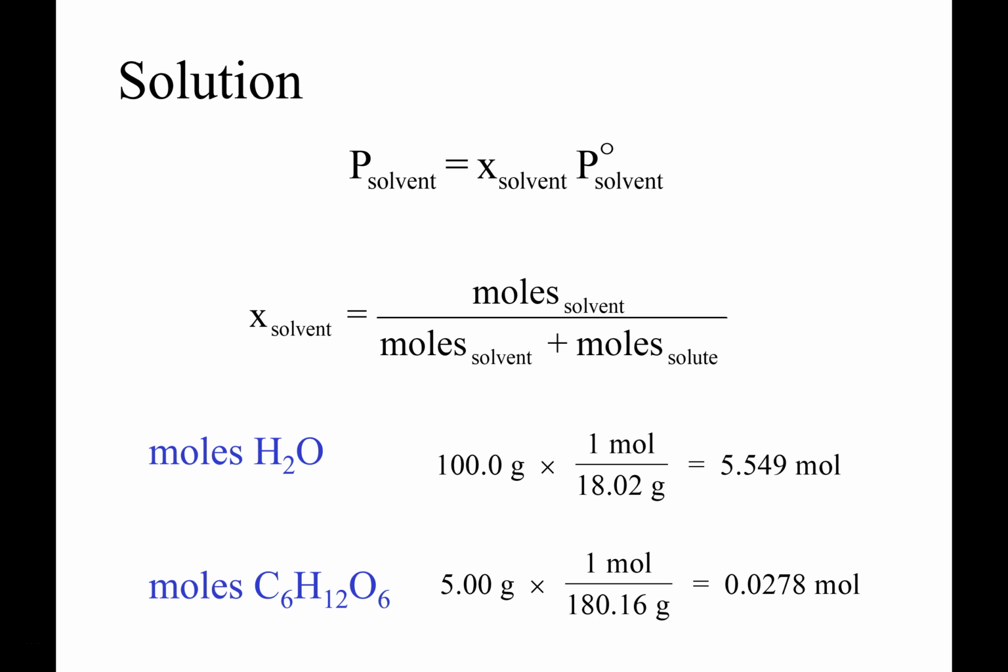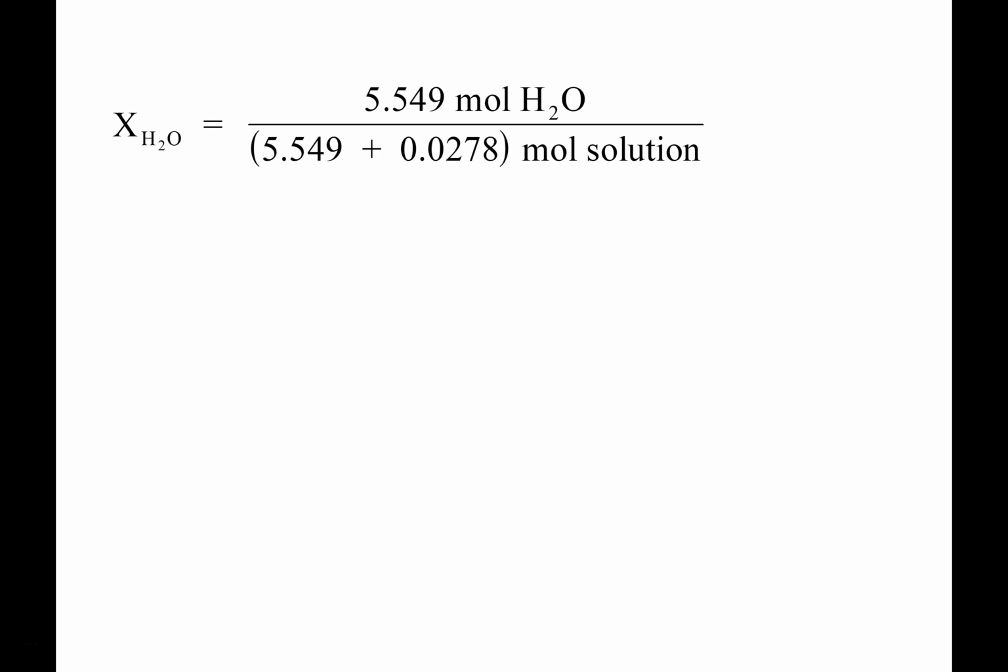So we're ready to take those quantities and plug them in up here. The mole fraction of water is equal to 5.549 moles of H2O divided by the quantity 5.549 plus 0.0278, the moles of solution.